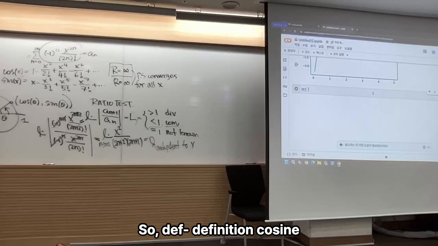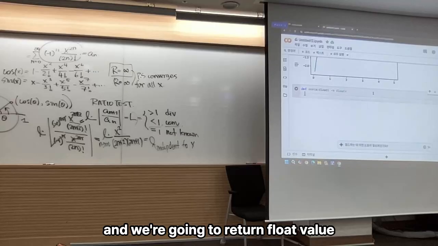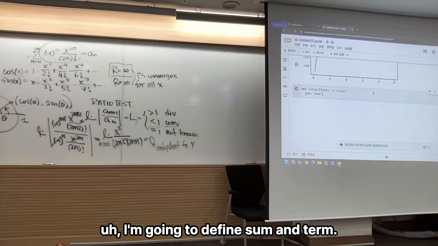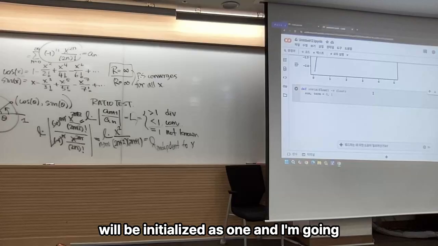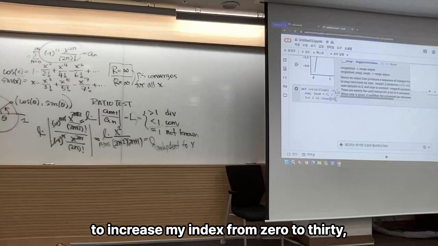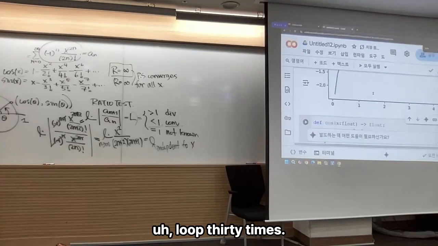So the definition of cosine first, and our input is x, and the type is float, and we're going to return a float value. And I'm going to define sum and term. Term will be initialized as 1. And I'm going to increase my index from 0 to 30, so basically I'm going to loop 30 times.